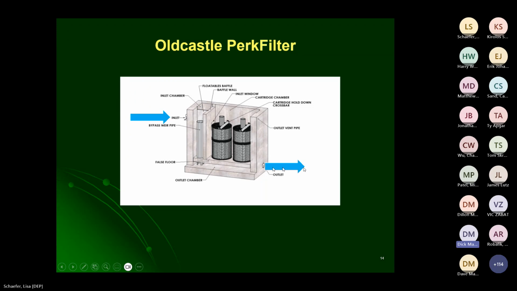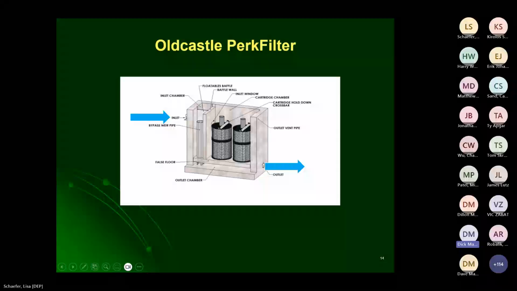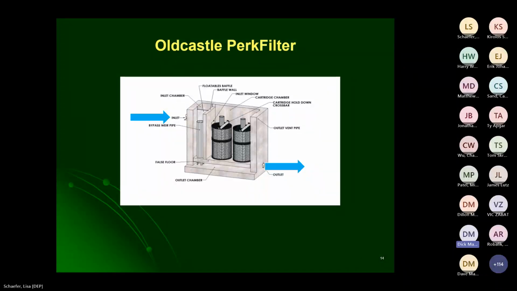Now, the interesting thing about filters is that this shows you one case with 2 filters, but this Oldcastle says, for example, in an 8x16 vault, this one happens to be a 2 by roughly 5 foot vault. They could have 27 filter cartridge packages.